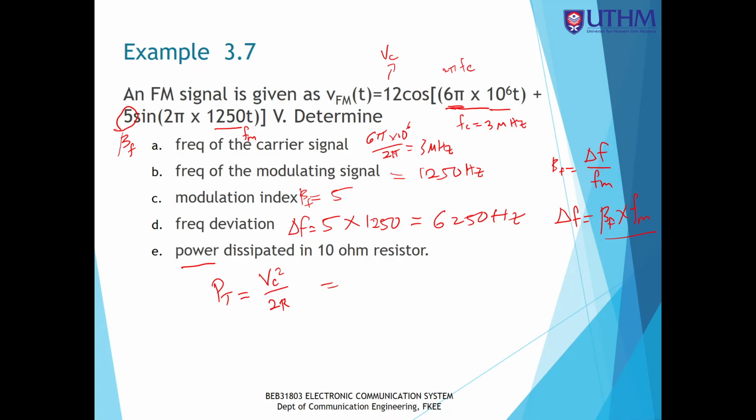So this is 12 squared divided by 2 times 10, which equals 7.2 watts. Okay, finish.